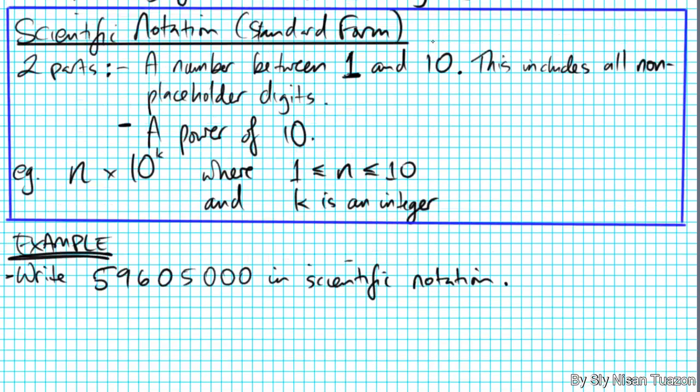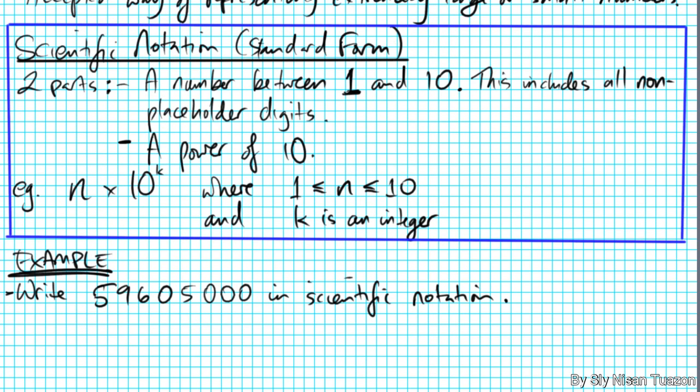Any formulas or basic rules in these videos are going to be outlined in blue. Hopefully that's a standard I can maintain. Scientific notation has two parts. The first thing you'll see is a number between 1 and 10.